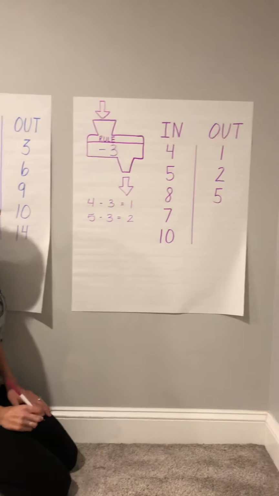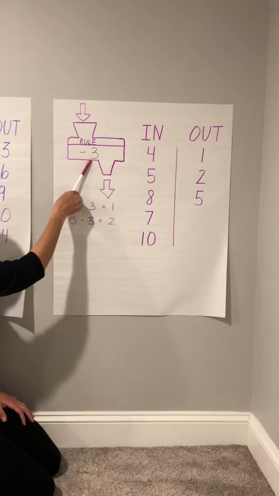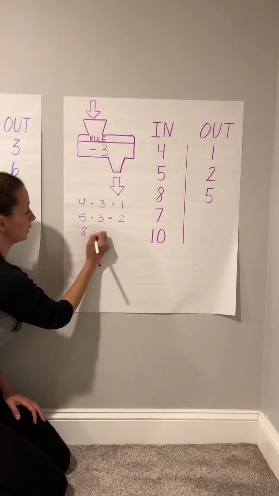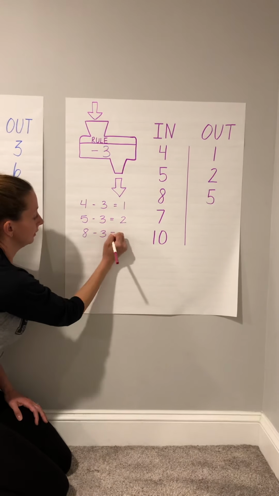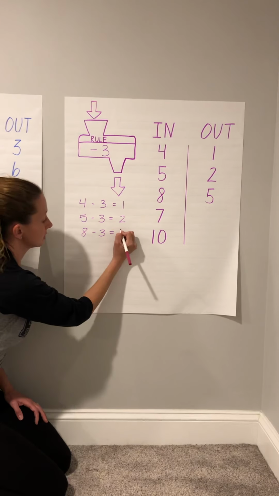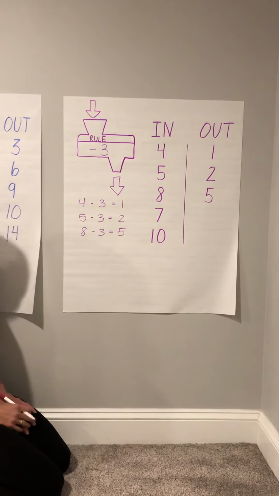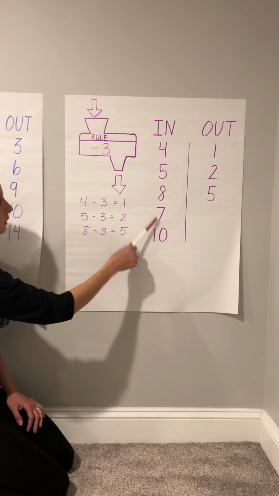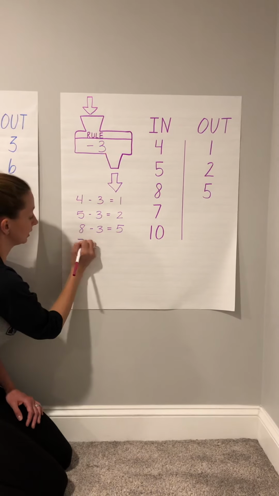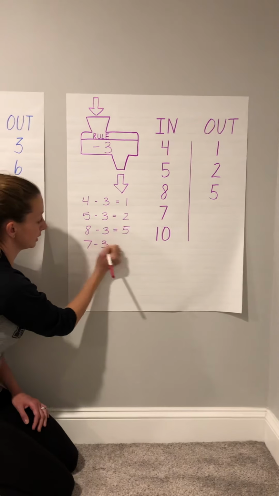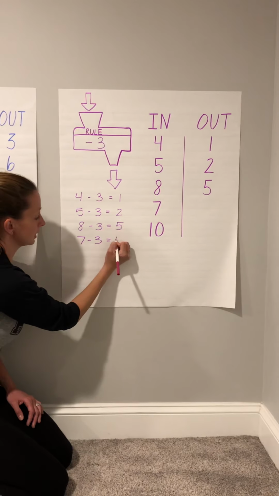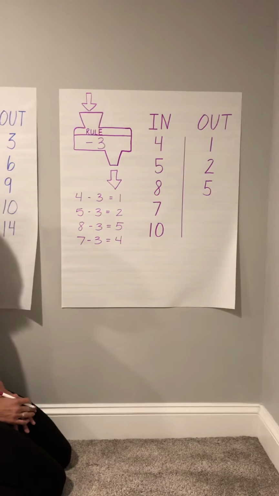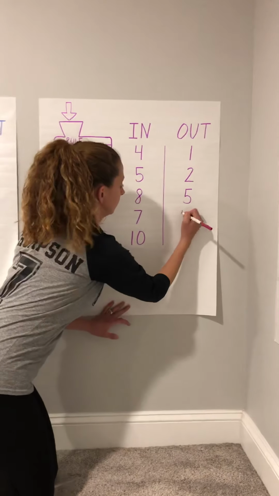Let's try again. If I put 8 in my machine, 8 minus 3 is 5. Now I have to figure out my out number on this one. If I put 7 in my machine, 7 minus 3 is 4. I'm going to fill in my table.